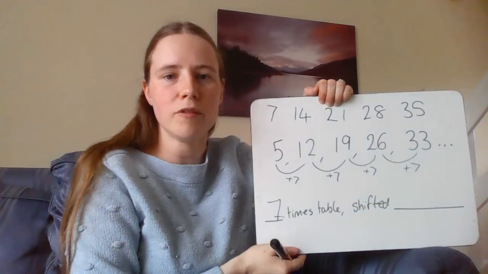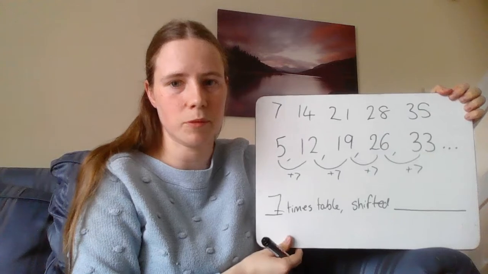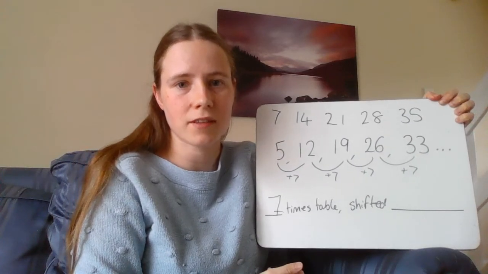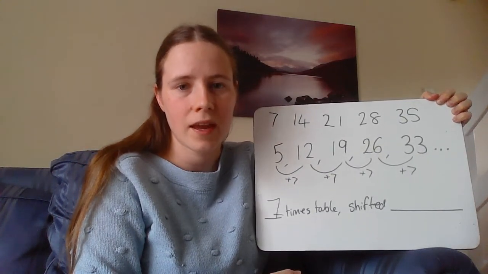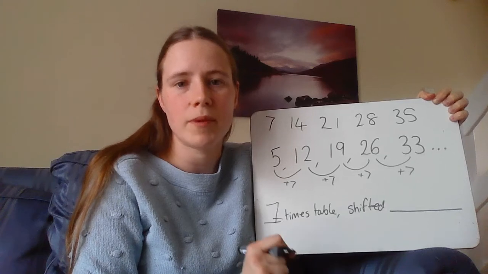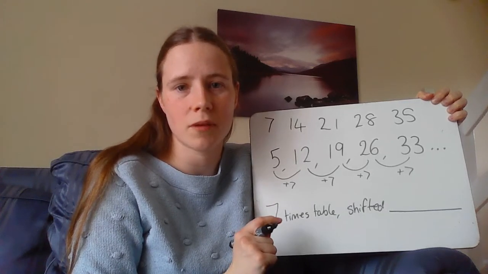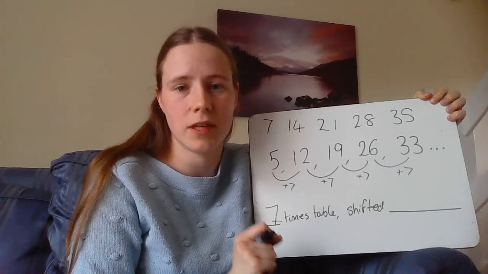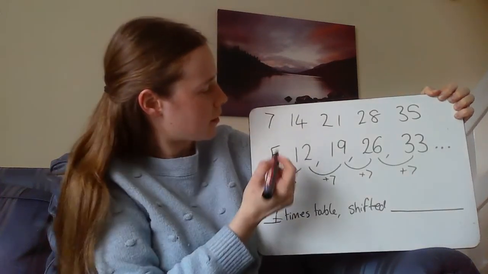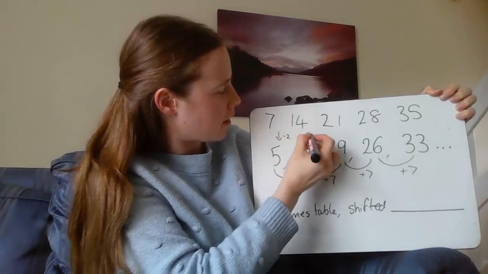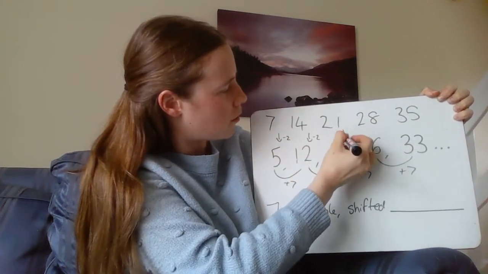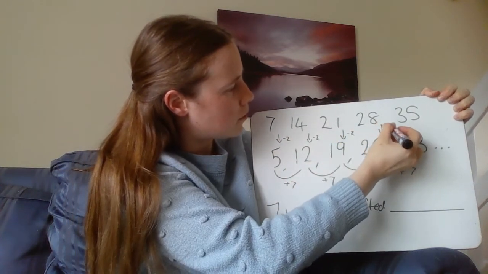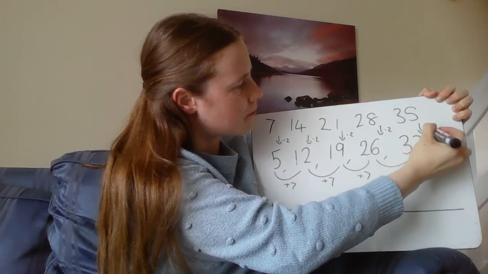Now, if you've chosen the correct times table, you should find that every single time the shift is the same. If it isn't, then the problem is either you've chosen the wrong times table or you're not dealing with a linear sequence, so you need to do something different. But looking at this, I can see every time we need to go down 2 from our times table to get to our sequence.